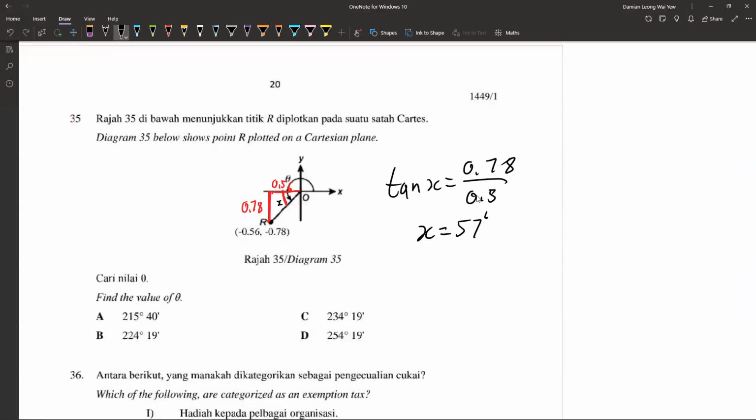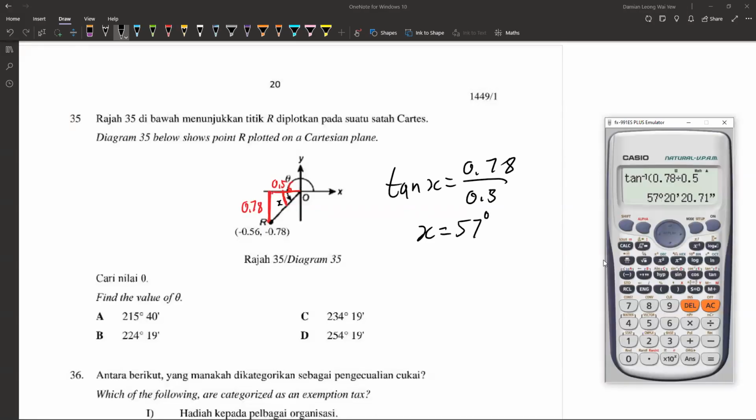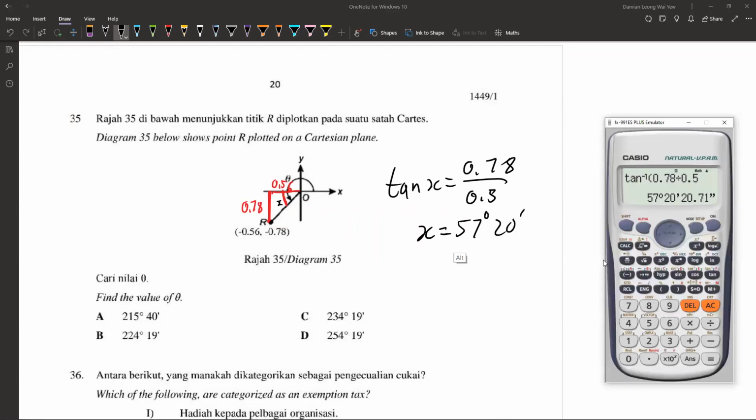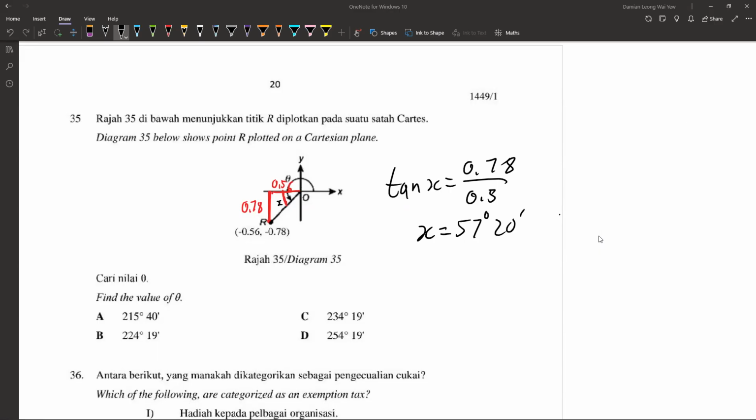54 degrees, 19 minutes. To change to degrees and minutes, I just press the degree button. So this is just this part.